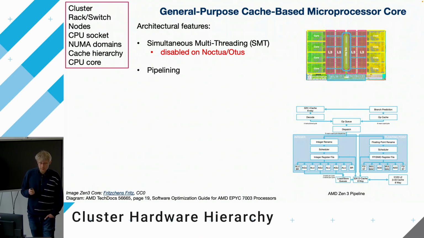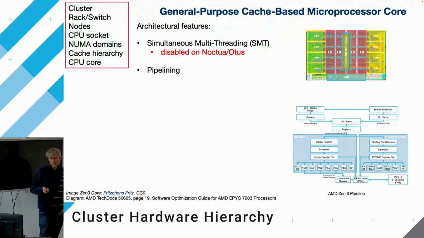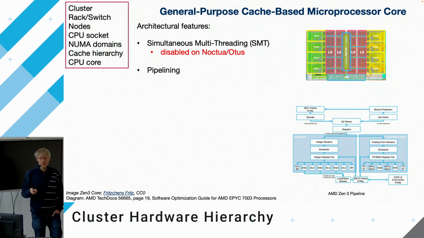Then we have pipelining, and pipelining means that the execution of the instructions, and also the steps inside of your CPU pipeline, are split up into multiple steps, and therefore more instructions can be executed at the same time inside of these execution units.